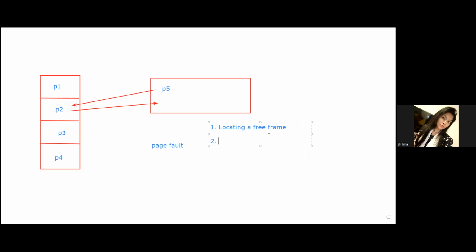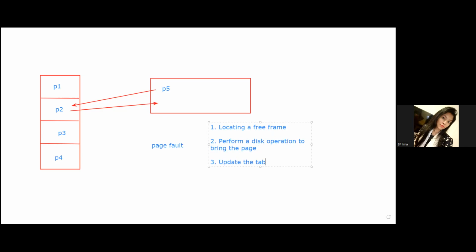So we have to have a free slot to bring the page from the disk. Then we have to perform a disk operation to bring the page from the disk to the memory. The third step is, when this IO operation is completed, we have to update the page table.